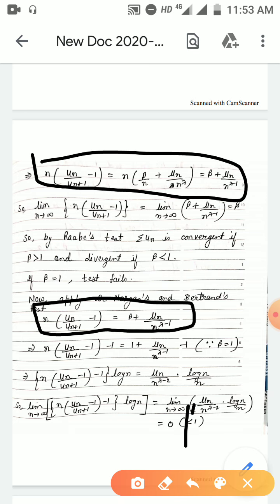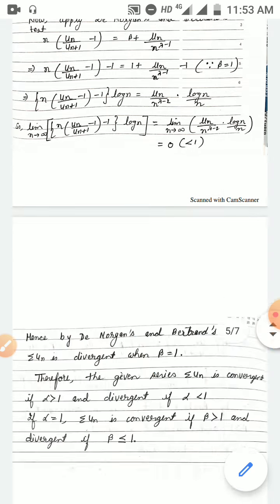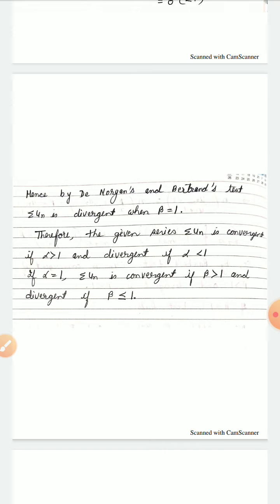So now taking limit n tending to infinity both sides, in the right hand side we will get limit n tending to infinity mu n by n to the power lambda minus 2 into log n by n, which is equal to 0, as limit n tending to infinity log n by n is equal to 0, and this 0 is less than 1. So by De Morgan's and Bertrand's test, summation un is divergent when beta is equal to 1.